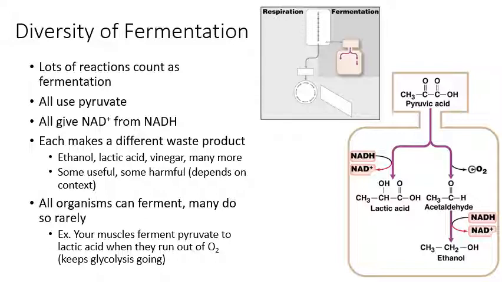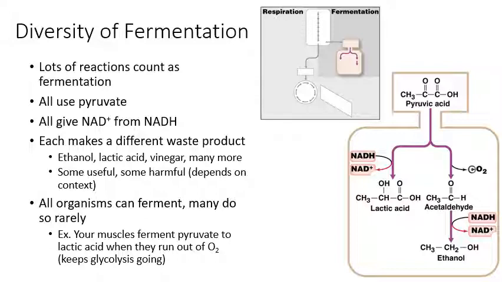What exactly pyruvate is converted to is going to depend on the fermentation reaction. It could be converted to lactate, also known as lactic acid, could be converted to ethanol, which is just alcohol, could be converted to vinegar, which is acetic acid, and there's a lot of other potential products that can be made through fermentation reactions.